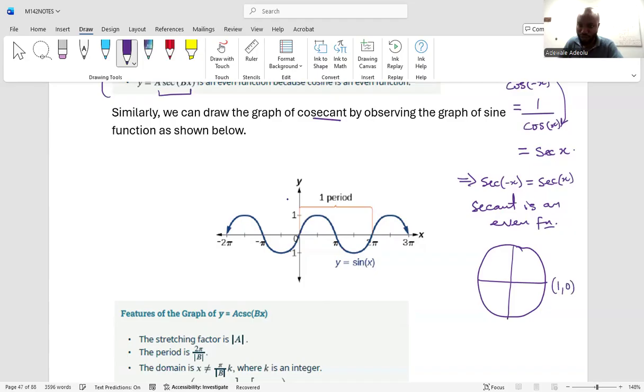1, 0, 0, 1, negative 1, 0, and 0, negative 1. So we'll see that sine is 0 here. When the angle is 0, it is 0 when it is pi. So that is here, it is 0 and it is 0.